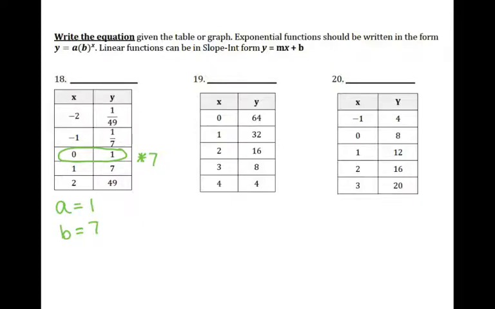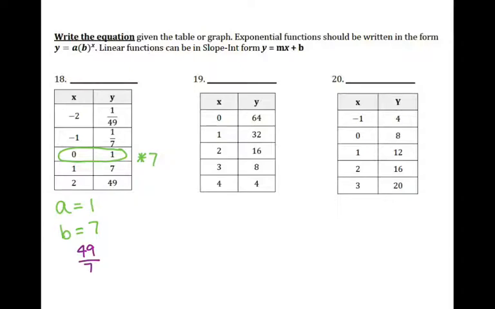Now let's say you look at your table and you do not recognize that you are multiplying by 7 each time. You can easily tell that you're not adding the same number each time because of those funky fractions. But let's say I can't figure out that I'm multiplying by 7. What you can do is take any y value, for example that 49, and divide it by the y value right before it, and that will give you what your b is.